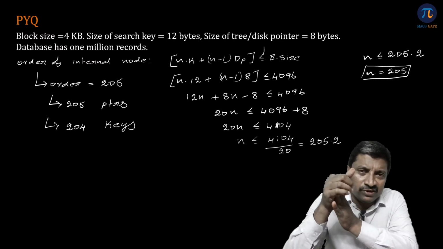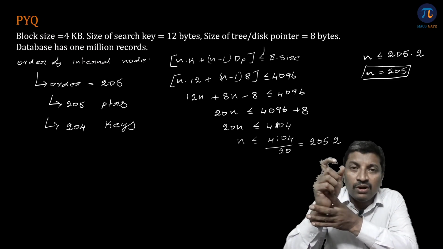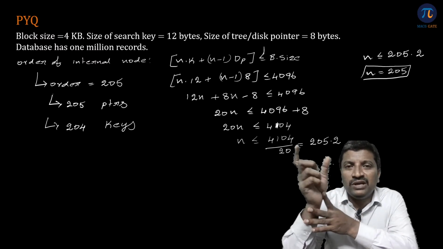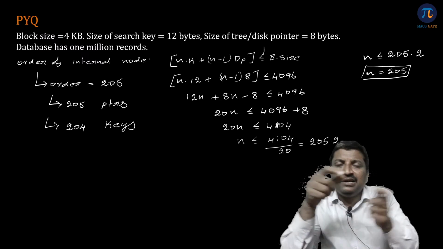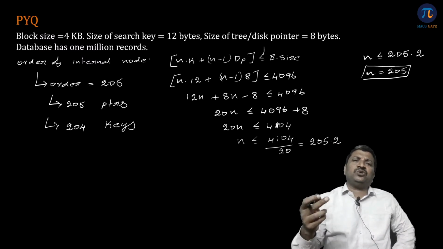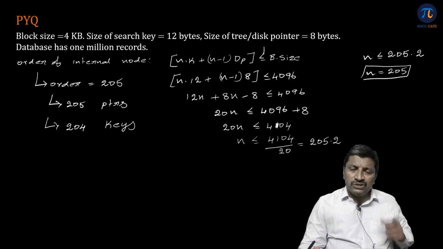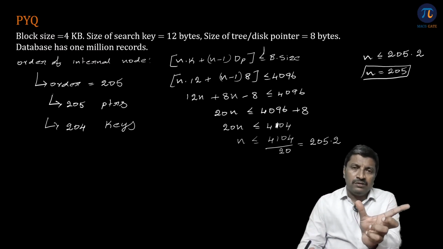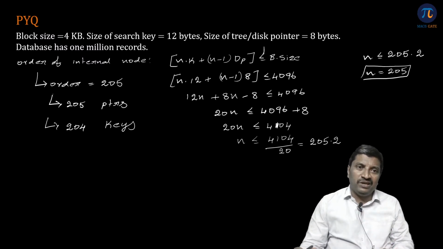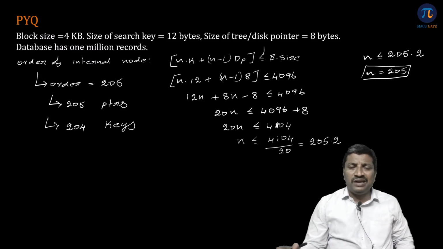So this is what we got till now. Now I know how many keys I can write in a node. Whenever I know how many keys I can write in a node, I can find the number of nodes, right? So I need to expand the B plus tree so that the leaf level contains a minimum of 10 lakhs. 1 million means 10 lakhs. Maybe more than 10 lakhs, sir.